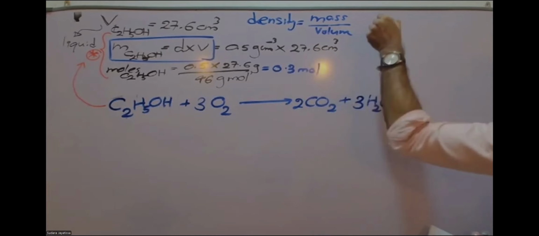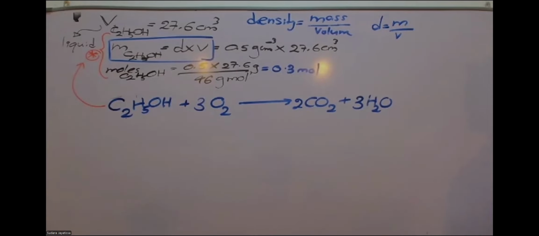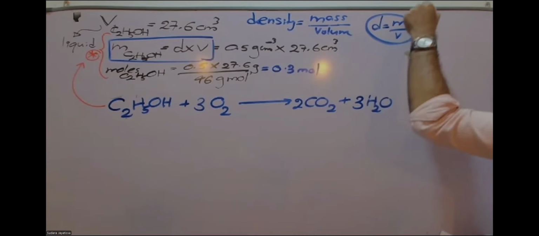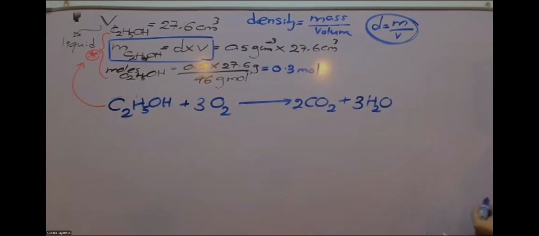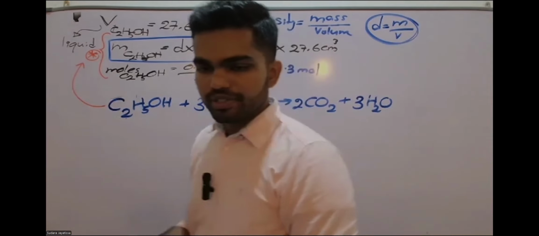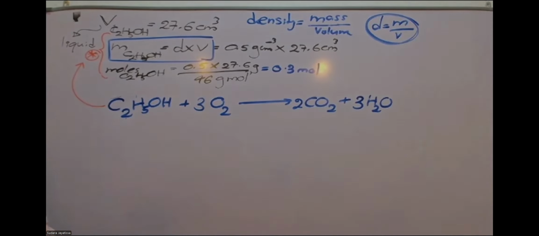So D equals M over V. I change the subject of this formula. If you want to remember something, remember this formula. When you need something, you can change the subject and get it. Are there any more problems? Okay, good. Ask like that.